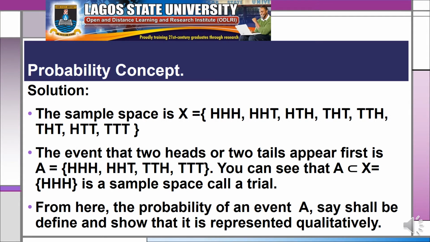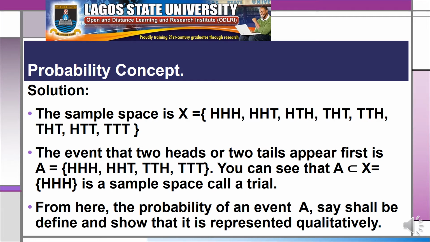The sample space displays HHH, HHT, up till TTT. The event that 2 heads occur is A: HHH, HHT, TTH, TTT. You can see that A is contained in the sample space.